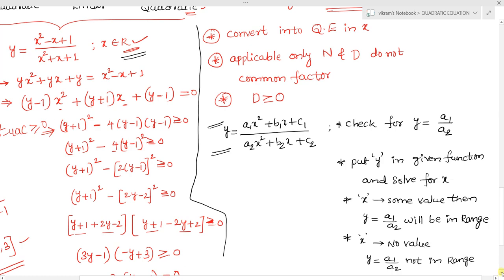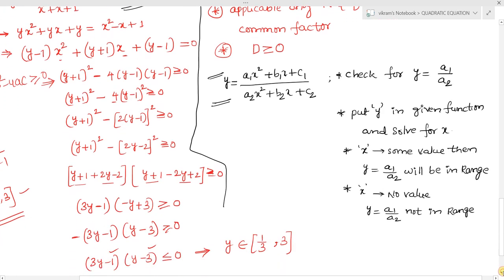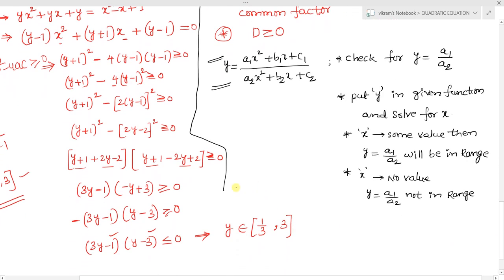Just check again what we are discussing here. Any quadratic by quadratic expression form, the function can be converted into a quadratic equation of x. Then we find the discriminant b square minus 4ac greater than or equal to 0 and find the range.